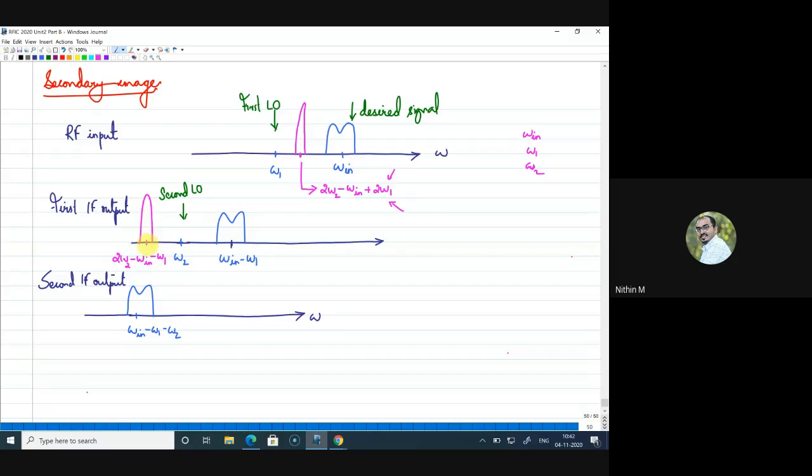I hope that is clear. It is 2 omega 1 here, and when I shift that, sorry, it is plus omega 1. When it is mixed using omega 1, the difference component will be 2 omega 2 minus omega in plus omega 1, right? Now, can you tell me what is this 2 omega 2 minus omega in plus omega 1?